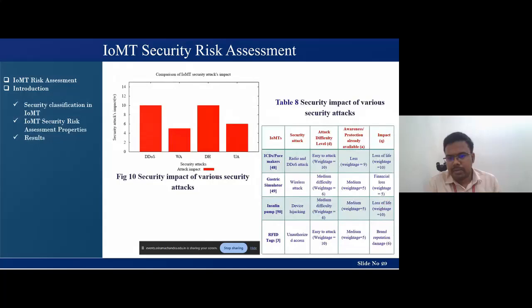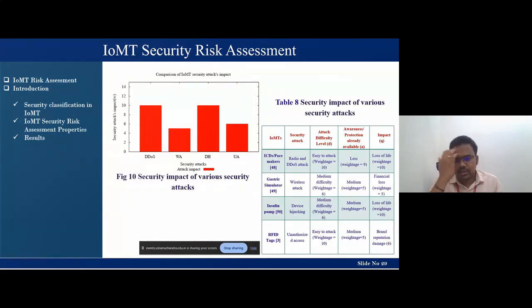So let's talk about the impact. What type of impact will it create if a particular medical device is compromised by the attacker? The security impact on medical devices can be classified into three major security attacks, that is DDoS, wireless attack, and device hijacking and unauthorized access.